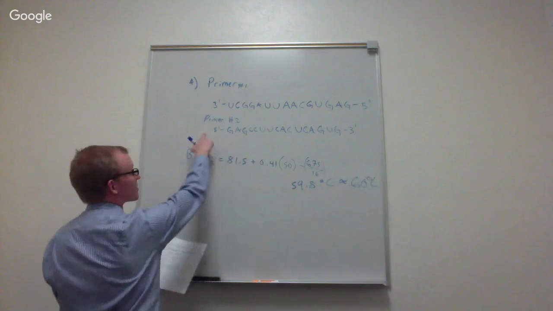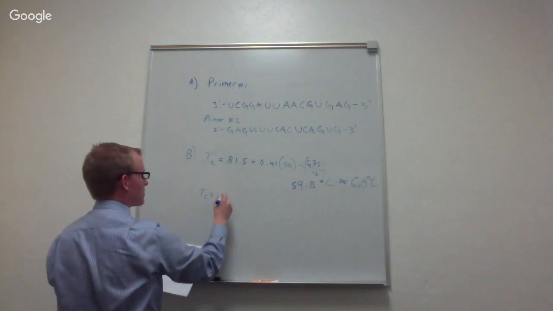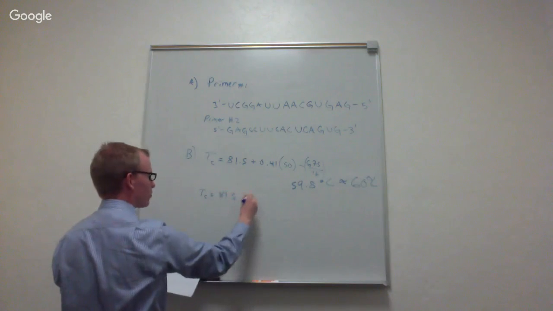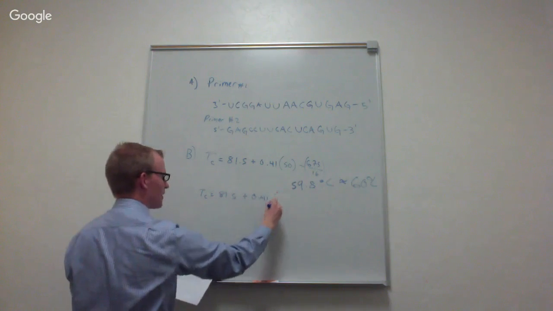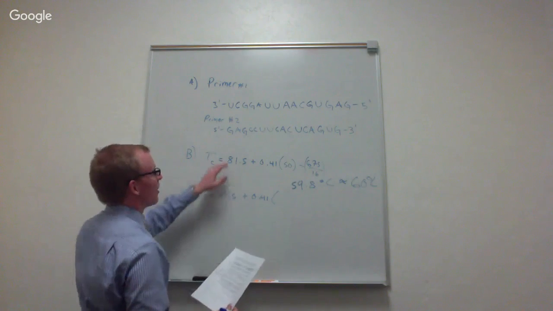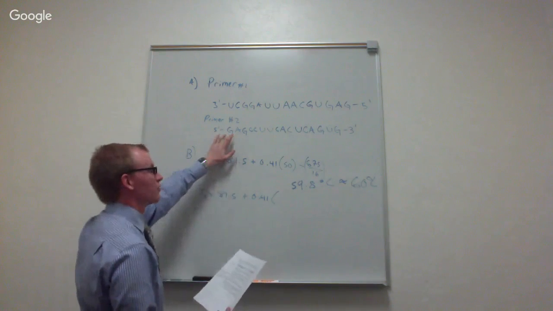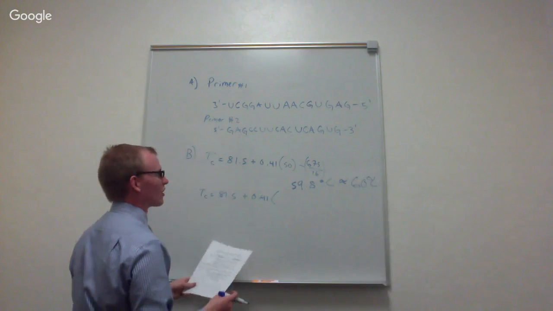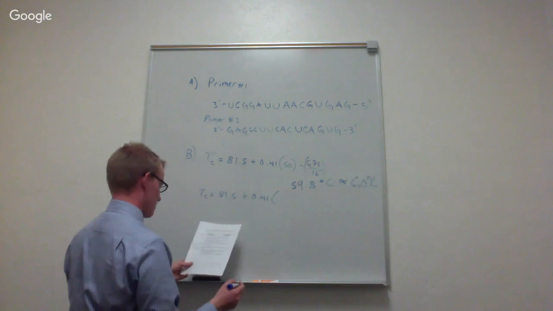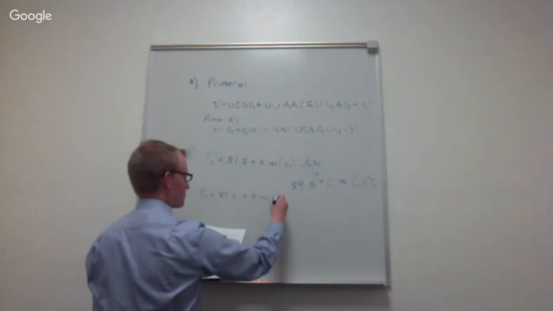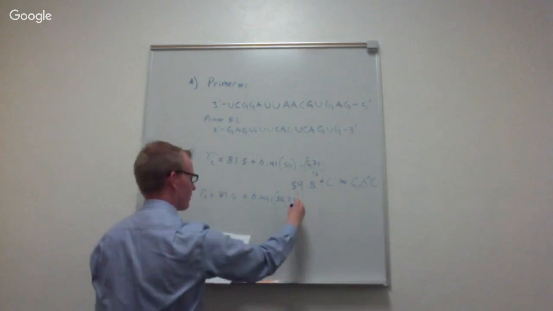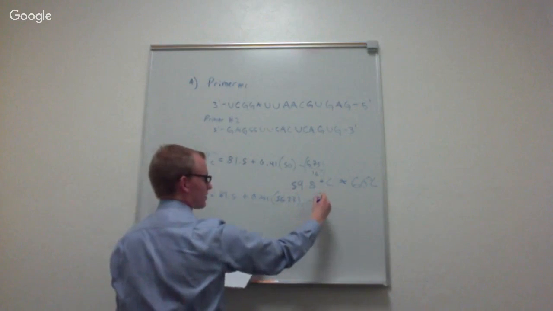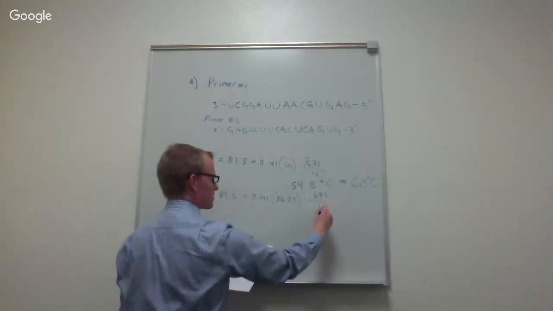Same equation for this second strand: T sub m equals 81.5 plus 0.41. In this case, they're the same 16 total nucleotides, but 9 of them, instead of 8, are G's and C's. Therefore, we have a different percentage, and that works out to be 56.25 minus 675 over the same 16.